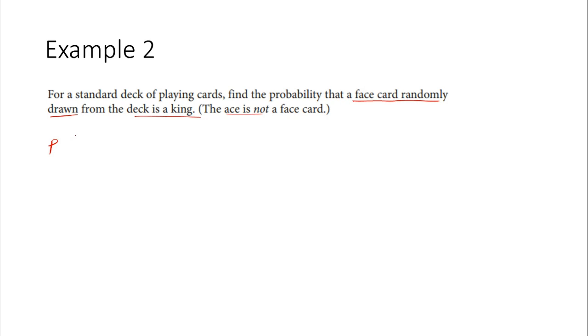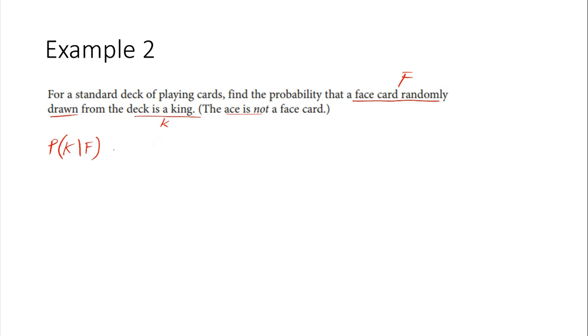The probability of drawing a king given that it's a face card. Okay, that's how I'm reading it. So this is face, and that's king. Notice how I'm taking apart my events to try to make sense of my formula.